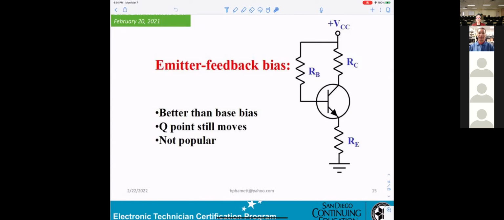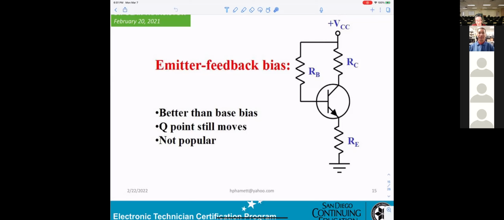Because it has two resistors. Come on. Who knows? Okay, you guys don't know.